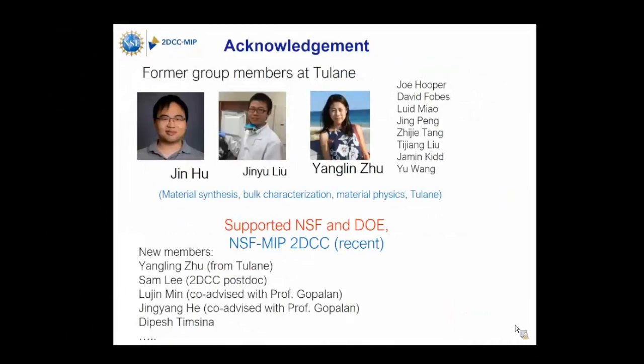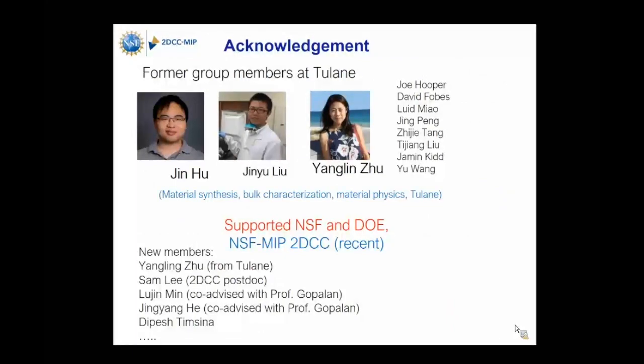At the end, I want to acknowledge my collaborators. These are my former group members. They have already graduated, and Yang Lin Zhu will be graduating this year. Now I'm building up my new group at Penn State. Xiang is also partially working with me, and I recruited several new students.